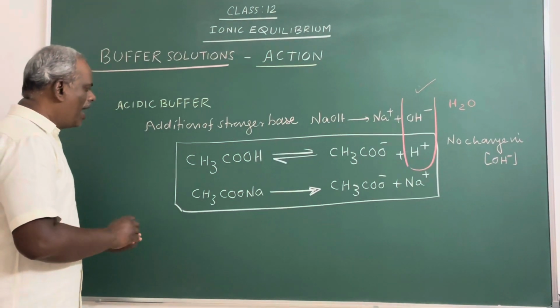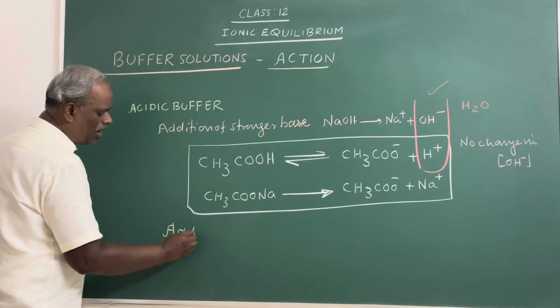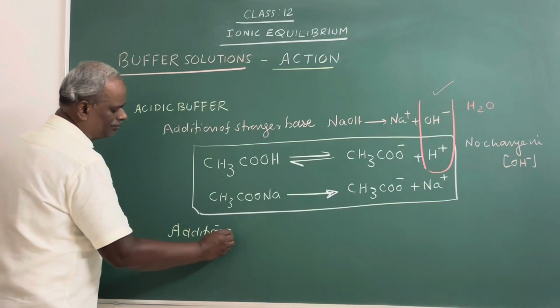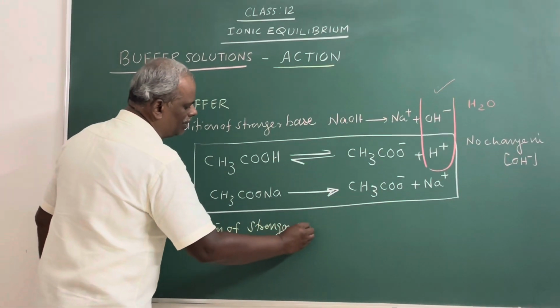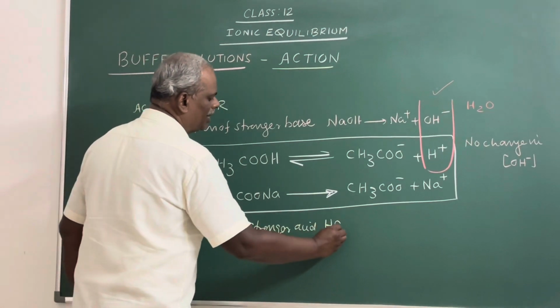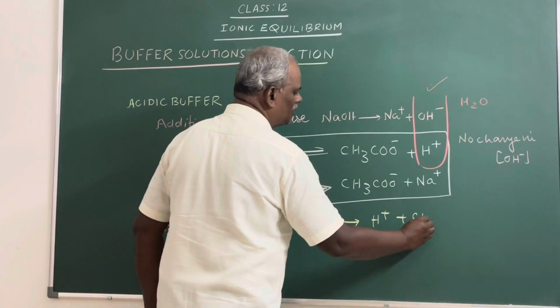Likewise, when you add stronger acid into this, on the addition of stronger acid like hydrochloric acid, HCl, that would be dissociated to form H plus and Cl minus.